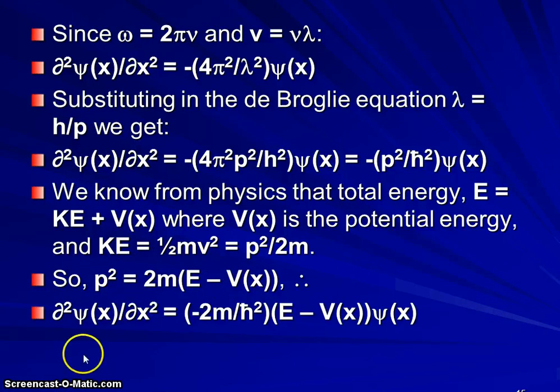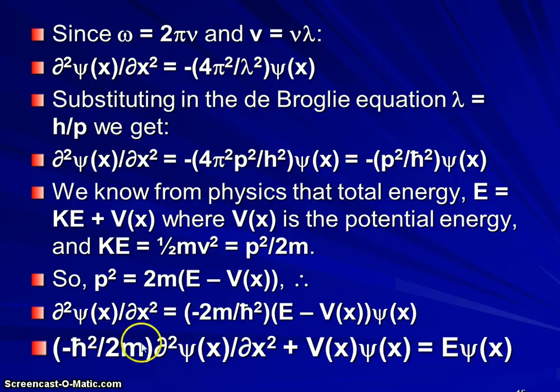And so now we have the second derivative with respect to x of the wave function is negative 2m, things that we'll know about a particle, over h bar squared, a constant that we know, times the total energy of the system minus the potential energy function, all times the original wave function.